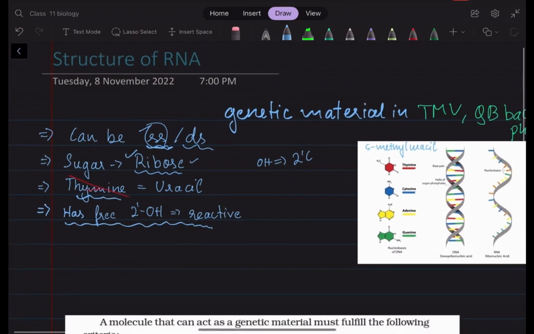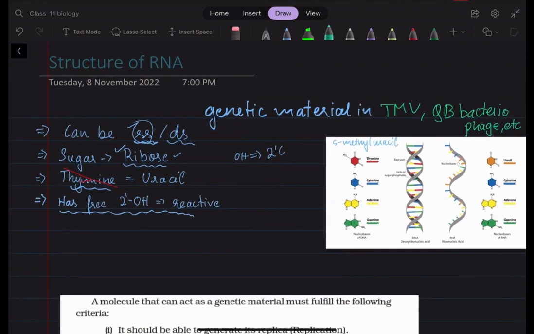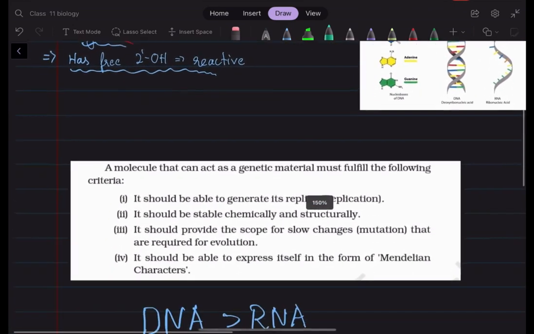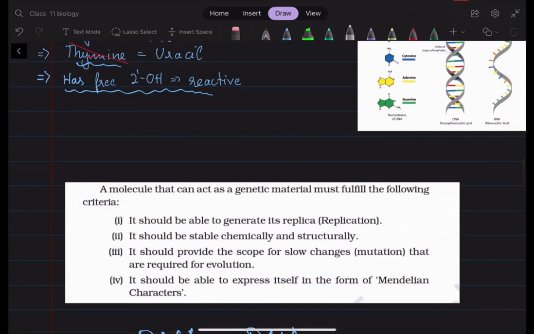As organisms evolved, DNA was actually the preferred genetic material rather than RNA. So why that happened, let us see. First of all, for a molecule to behave as genetic material, there are a few conditions that are supposed to be followed. First thing is it has to have the ability to replicate itself.